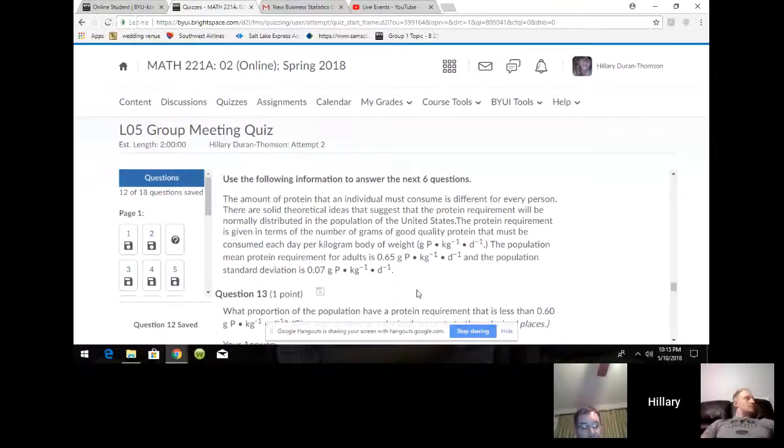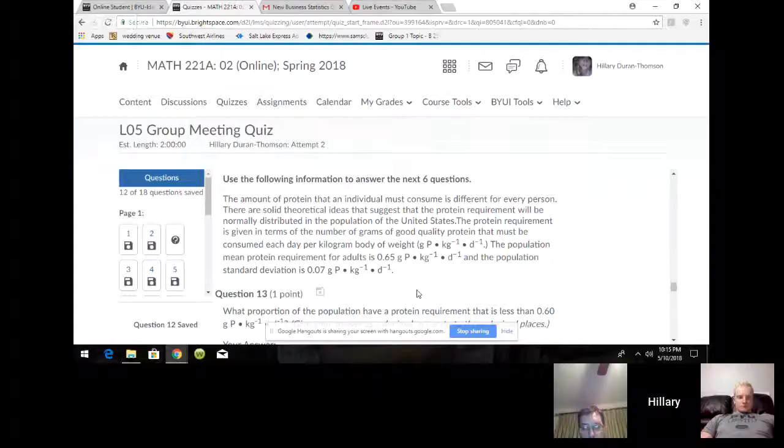So if we did 0.60 for question 13, 0.60 minus what was listed as the mean above, 0.65, and then that answer divided by the deviation of 0.07 would give negative 0.714. Negative 7.14? I see. Yeah, point zero.